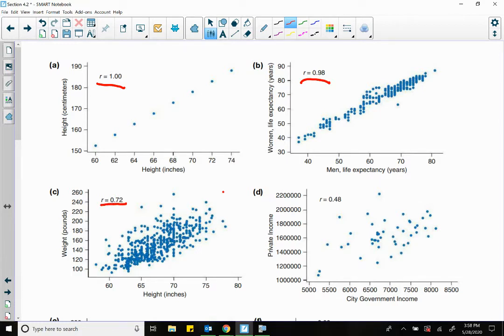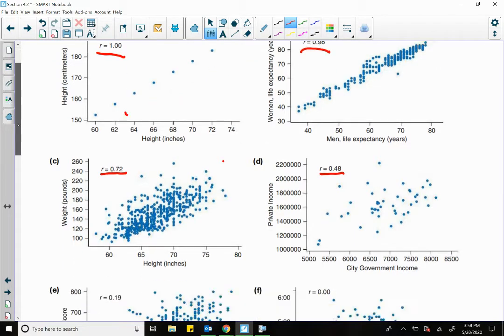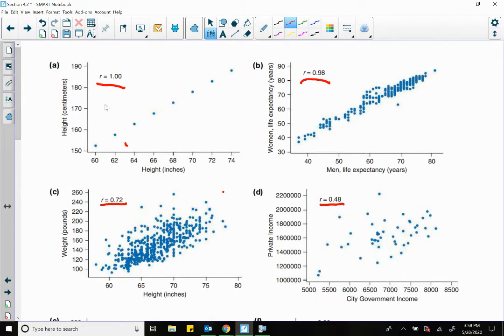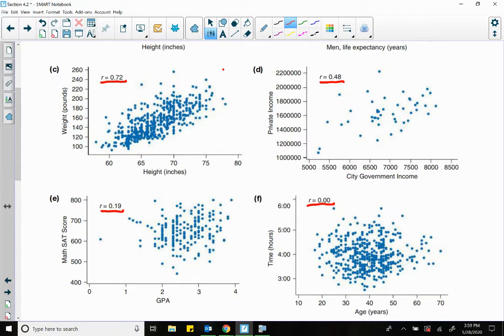Here's when R is 0.72, 0.48, 0.19, and 0. So you can see that as that value of R gets closer to 1, it looks like a line. As that R value gets closer to 0, the line goes away. There's no trend. Okay? So you can see that there's much more scatter here.